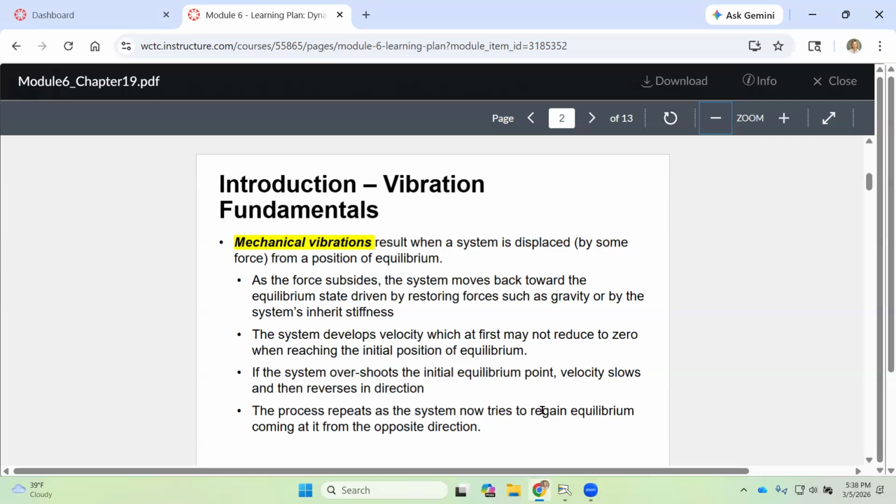That's where we get what we call an oscillating state, back and forth until it comes back to rest at its equilibrium state. This process repeats itself, and it really tries to regain that equilibrium as it moves back and forth to get there.